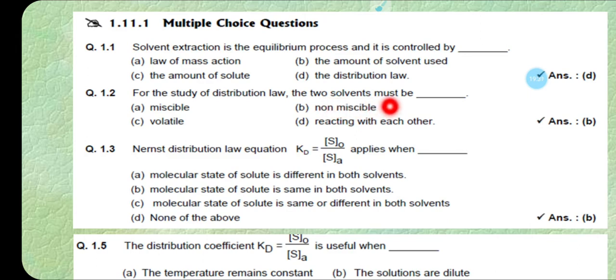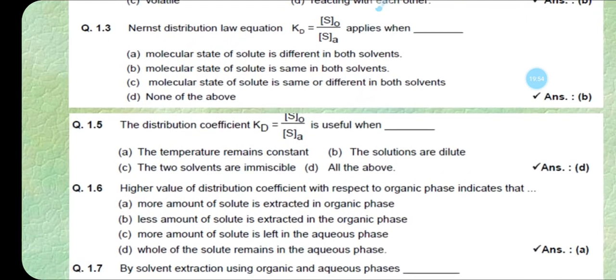The Nernst distribution law, Kd equal to concentration of solute in organic divided by concentration of solute in aqueous, applies when the molecular state of the solute is the same in both solvents, that means organic and aqueous, so the solute should not be dissociated or ionized.